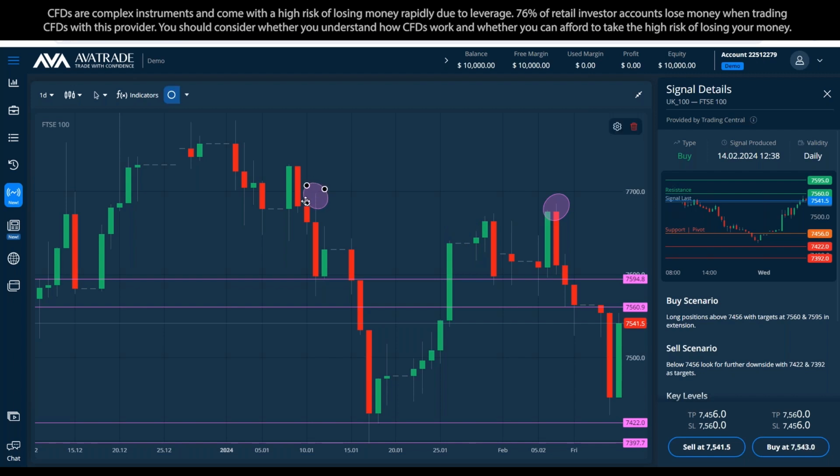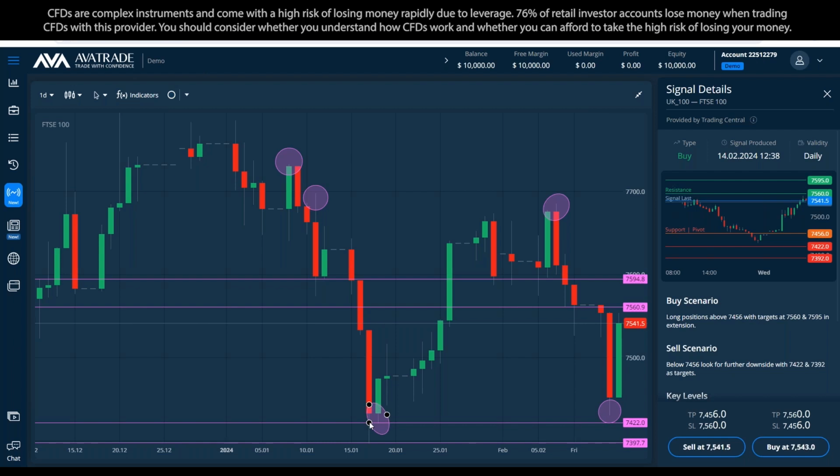So those are resistance levels. You can see certain levels. You can find them in any time frame, to be honest. And those are my support lines. Where else? Here, it's also a nice support line. It's already marked by the signal.